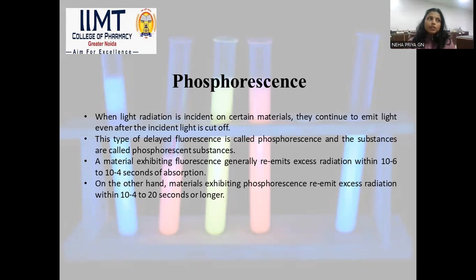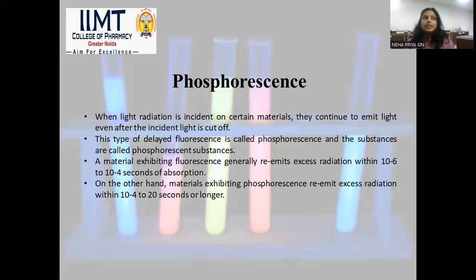I'll quote one example so that you can relate to it, that of a tube light. Whenever we switch on the light, we give the energy to the tube light, and it takes a certain period of time to glow. And whenever you switch off the light also, it takes some time to get back to its stable state, or it will take a certain amount of time till then it will radiate some energy to you.